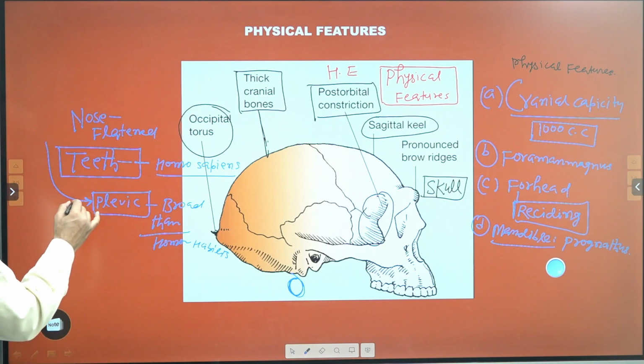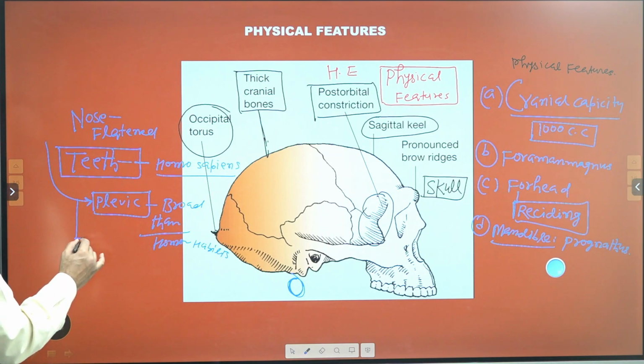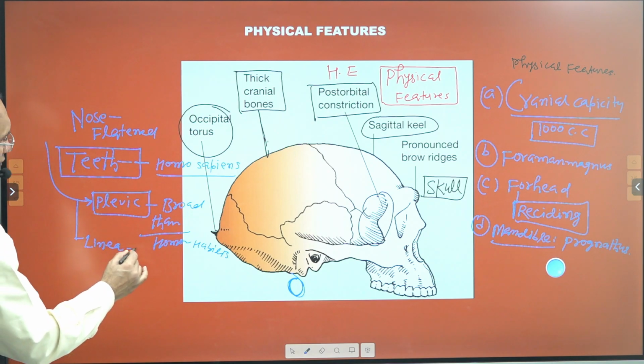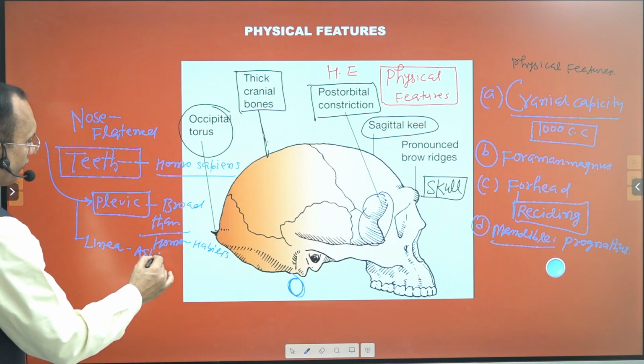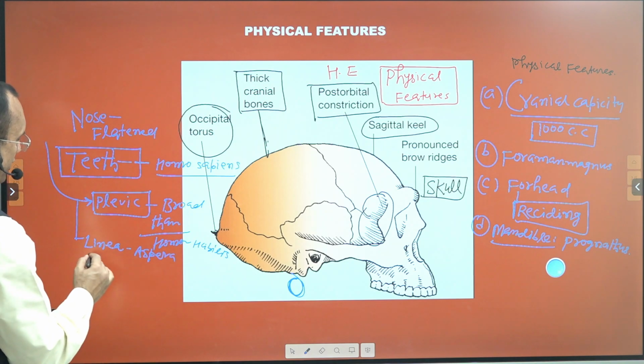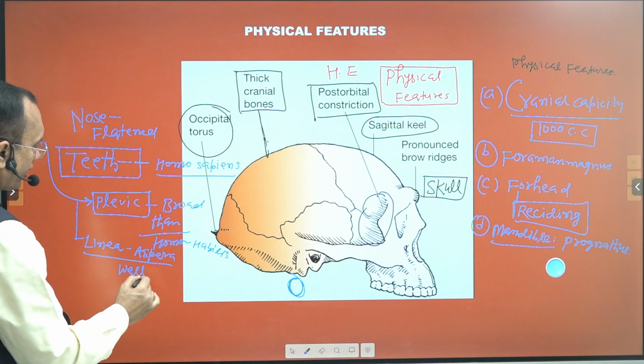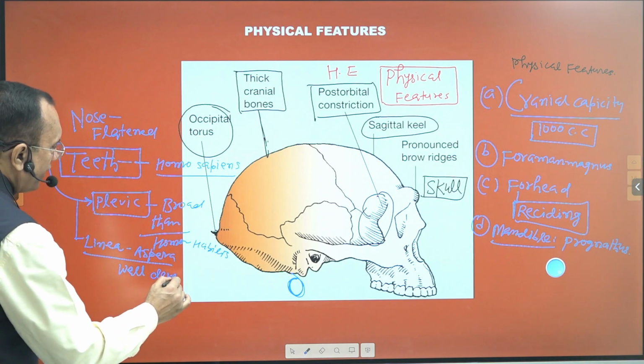And then you have to talk about the position of linea aspera, that was well developed, right? Well developed.